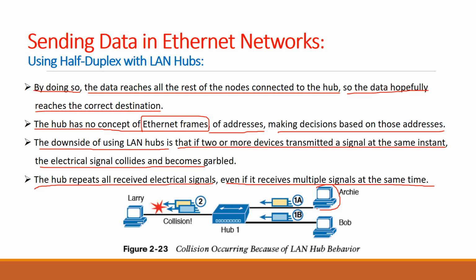This PC sent an electrical signal, and at the same time this PC sent an electrical signal. The hub will send this out of this and out of this, and the other will be sent out of here and here. So what do you think will occur here? Of course, a collision will occur, and Larry will receive garbled data.